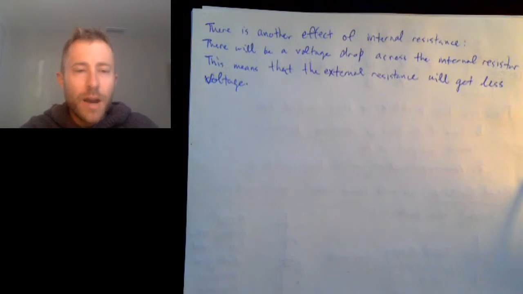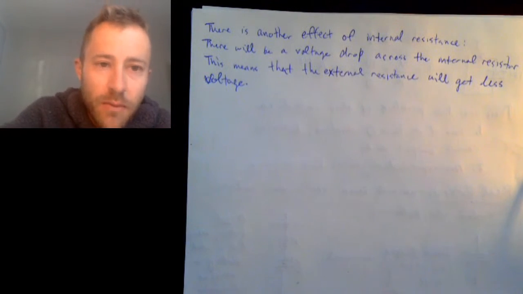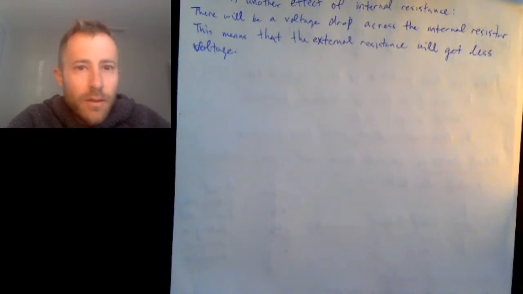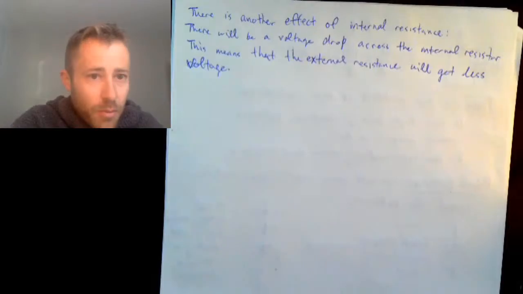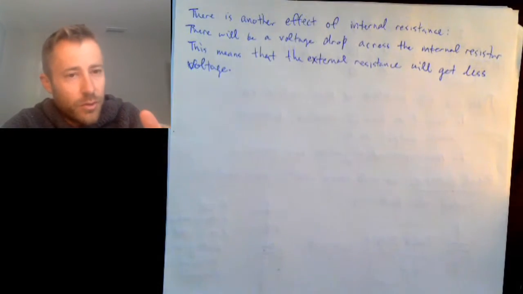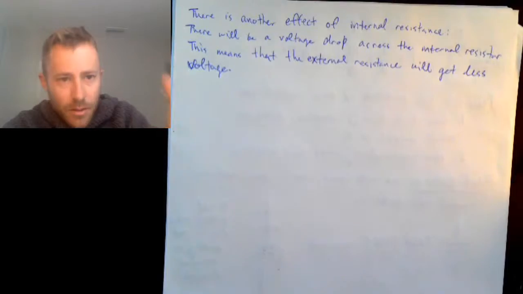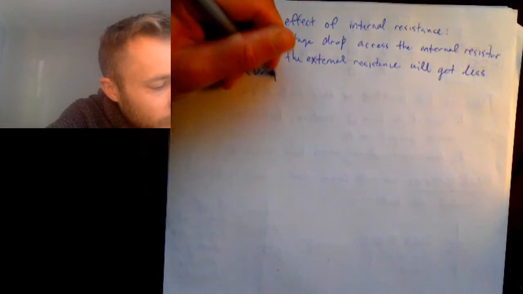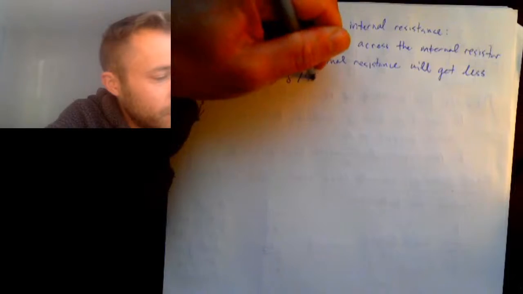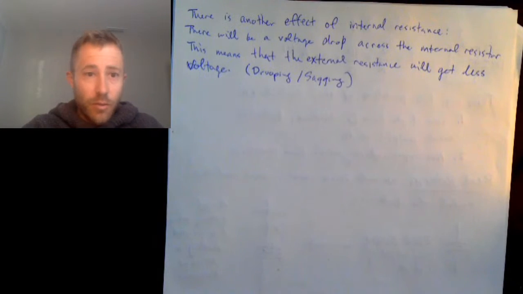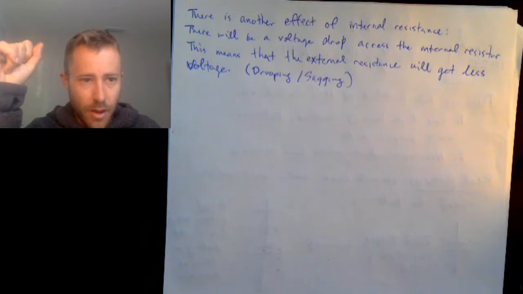So you might have a battery with an EMF of 1.5 volts, but even though the battery has an EMF of 1.5 volts, the circuit is not actually going to receive 1.5 volts because there's a voltage drop across the internal resistance. That is often called drooping or sagging. So basically what happens is the harder you push the battery, the more severe the droop will get.